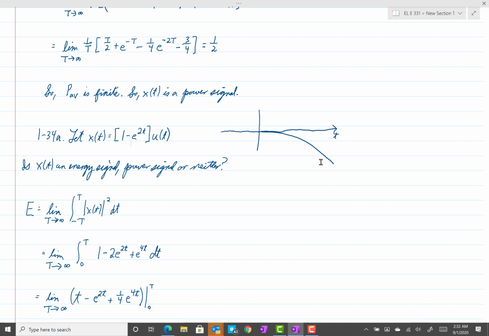But in this case, it is an exponential decrease. And so we suspect that this function is not going to be either an energy signal or power signal, but we need to go ahead and do the calculation to make sure.